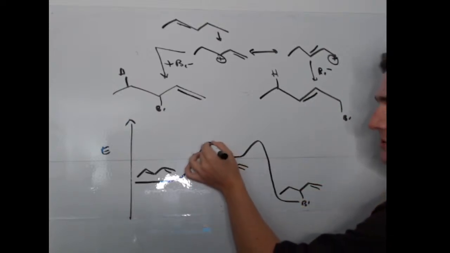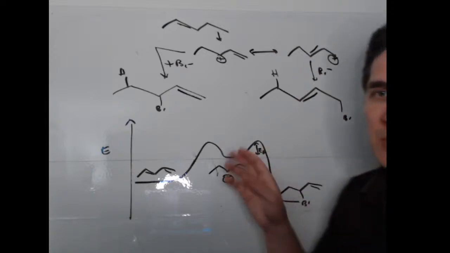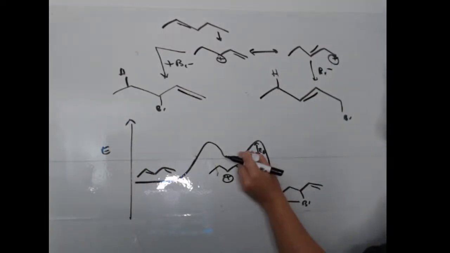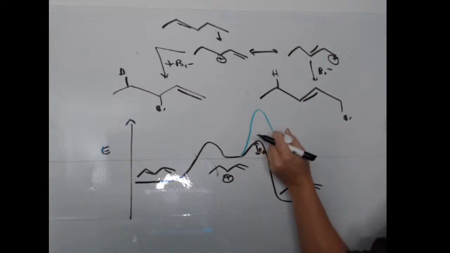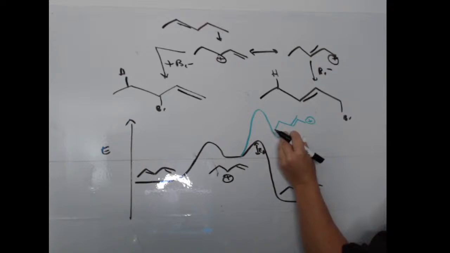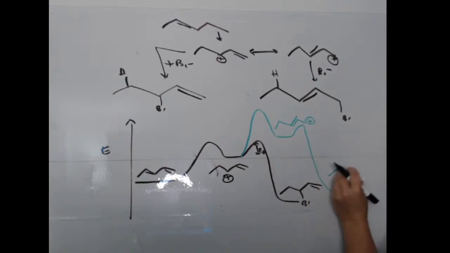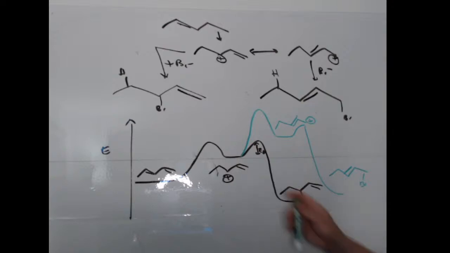So at low temperatures, this has a low enough activation barrier that pretty much that's the only thing that happens. When we do the thermodynamic product, there's a second barrier that appears, and this second barrier is our resonance product. And then that will react with bromine to give you this. So this is more what's going on.